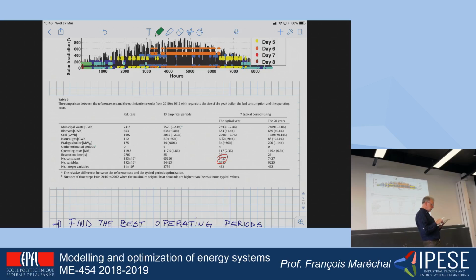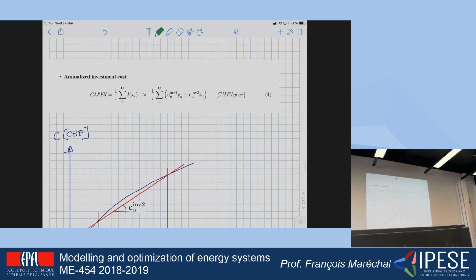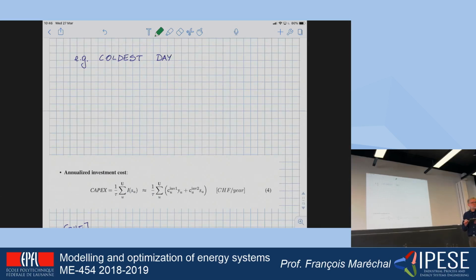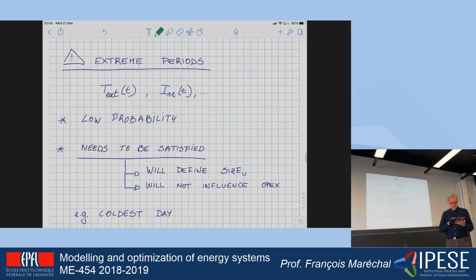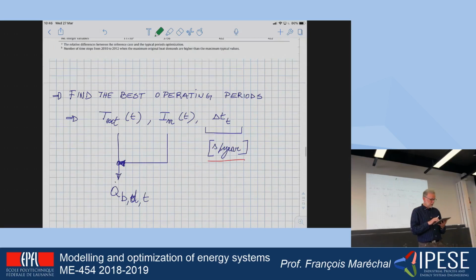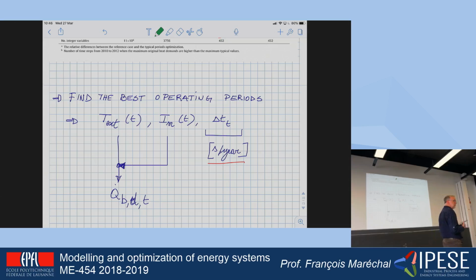So now we still have a question: what are the best operating conditions? It means that at each time in the system, I will have to define what is the best value of the level of usage of each of the units.